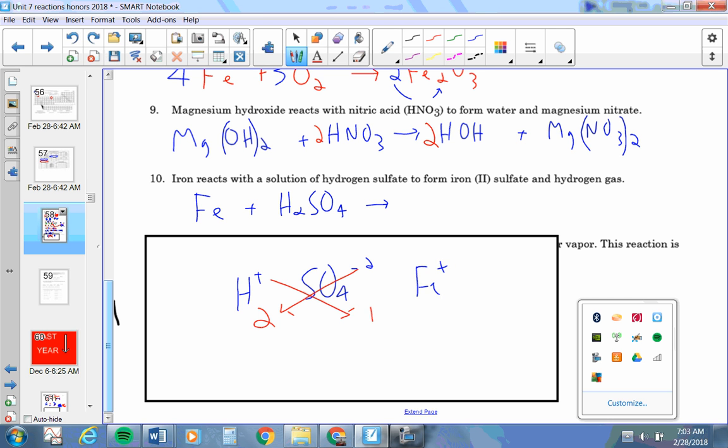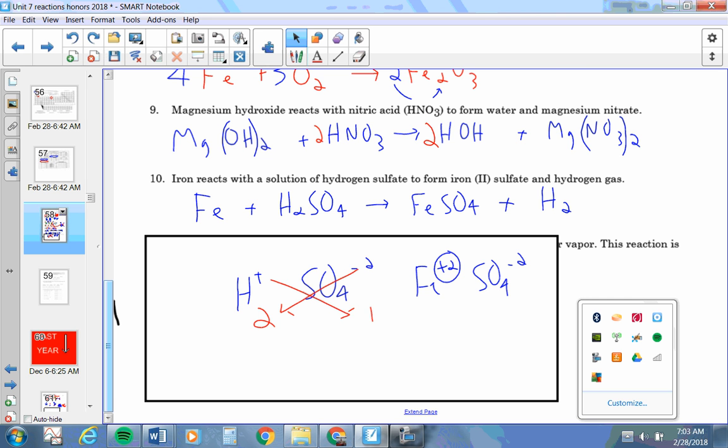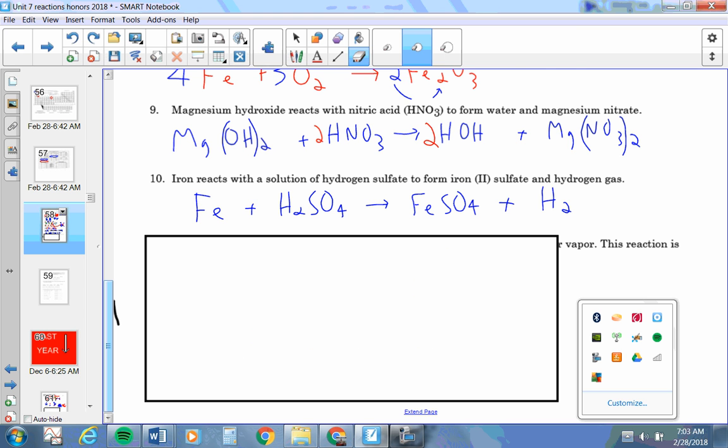It reacts to form iron 2 sulfate. Fe with a +2, SO4 with a -2. That's a match made in heaven. FeSO4. No Roman numeral in there. The Roman numeral just told me what the charge would be. Finally, hydrogen gas. Not just simply H, but H2. You do not need to put the little L's or G's or AQ's. Time to balance this.